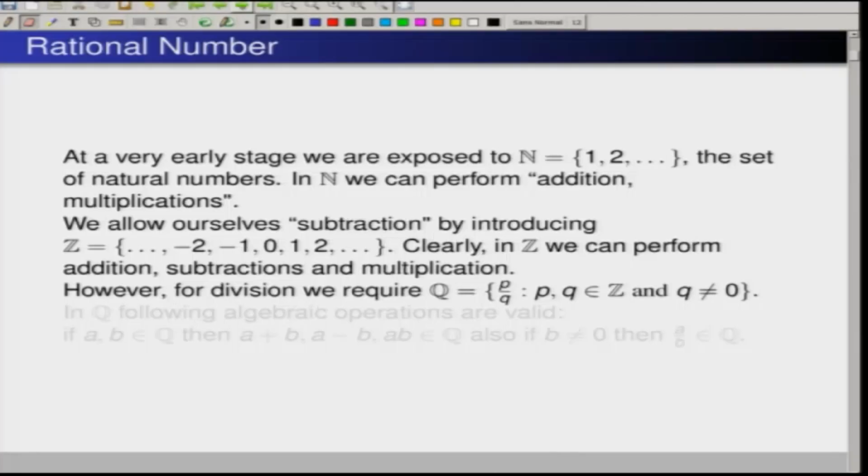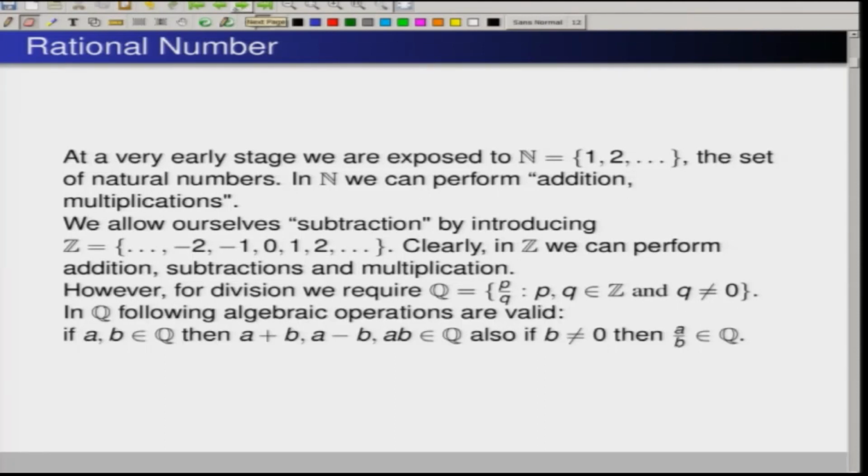Now if we enlarge our set to the set of integers, which means we add -1, -2, -3, 0, then in this set Z we can perform addition, multiplication as well as subtraction. But for division we need the set of rational numbers, which means any number represented in the form p by q, where q is not equal to 0.